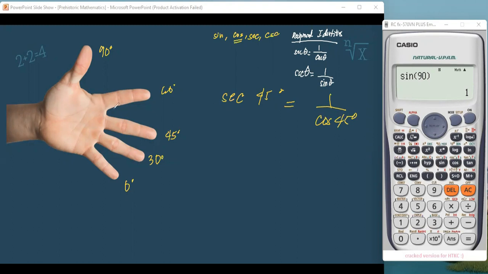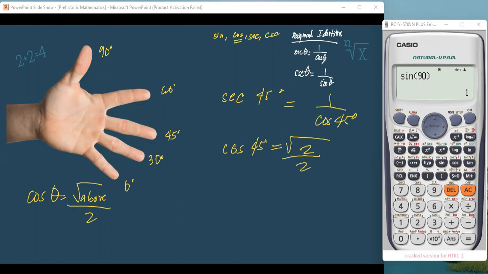At naalala natin na ang cosine theta is equal to the square root of above over 2. So solve po muna natin si cosine 45 degrees. That will give us the square root of how many fingers are there above 45? There are 1, 2. So we have the square root of 2 over 2.